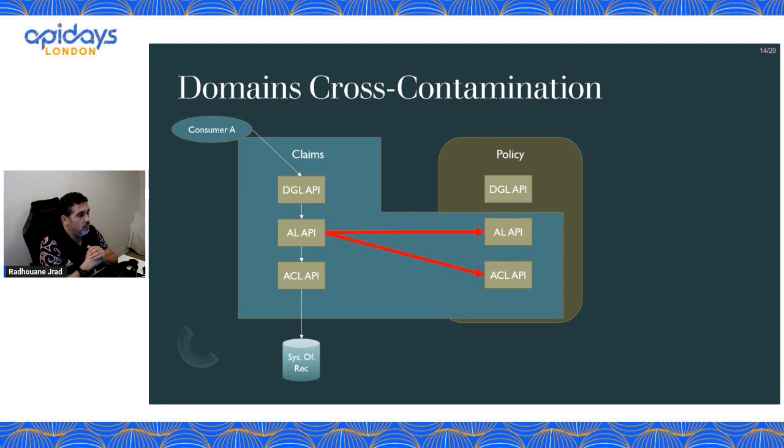So if tomorrow the policy team decide to update their search policy API, they have to liaise with the claims team because they have a straight dependency on it. You can't just change it, because the claims team have to update their API. Welcome to the nightmare. So DDD's job is to make sure that this doesn't happen.